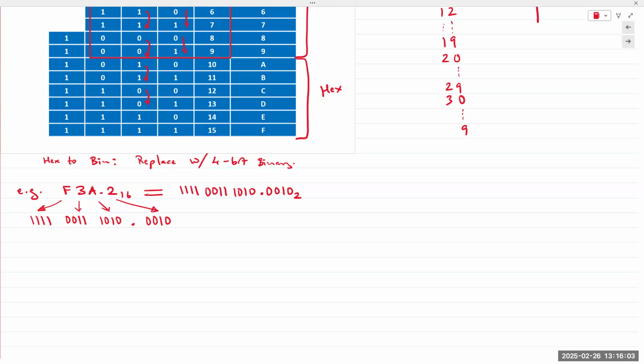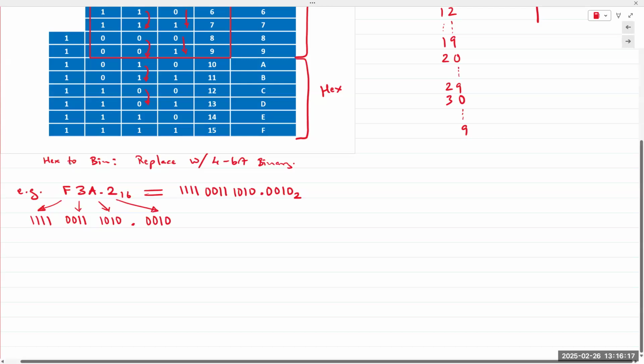So the obvious advantage is implicit right here. We have a 12-digit binary number, meaning 12 wires, 12 gates, 12 bits, represented with only 3 characters.